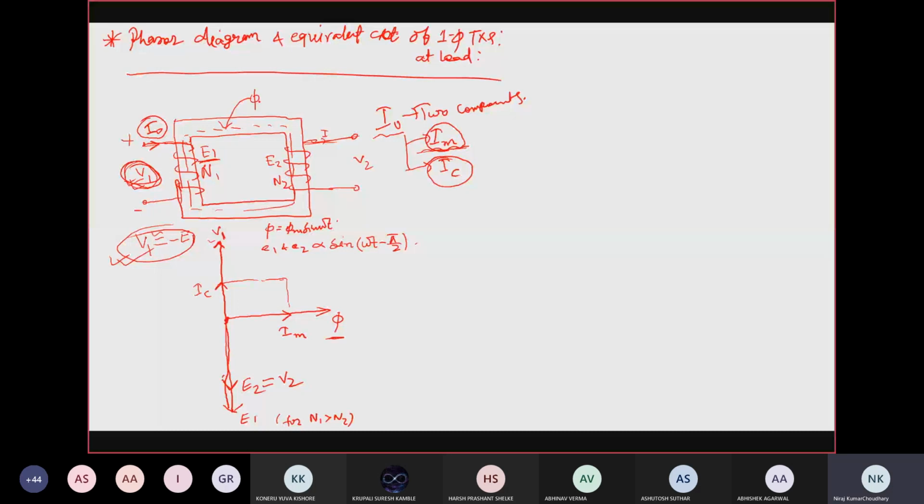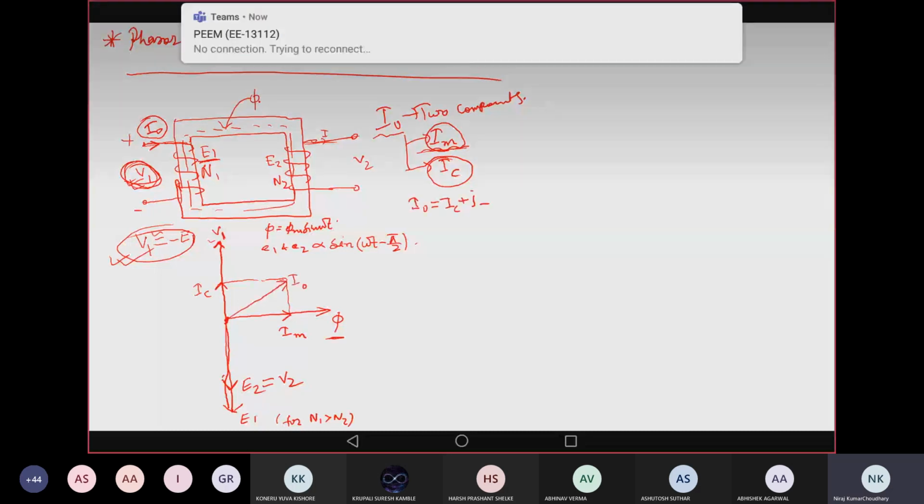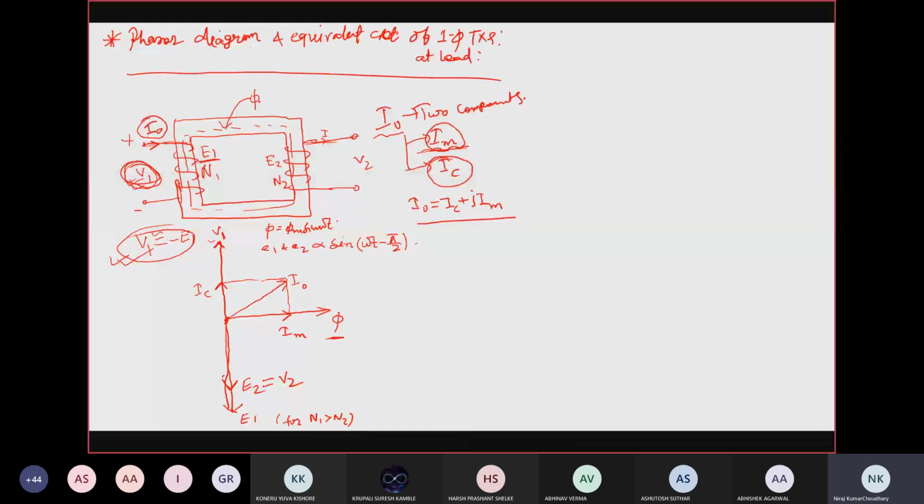I naught is IC plus j IM, right? That is the no load current here has two components, which is IM and IC. So IM lags behind V1 by 90 degree, right?